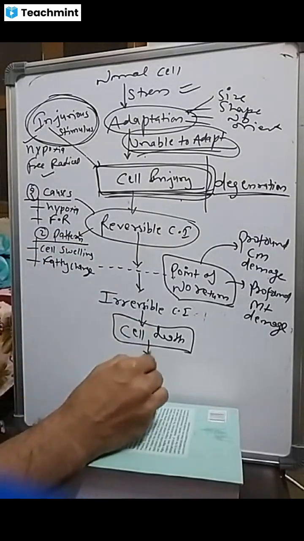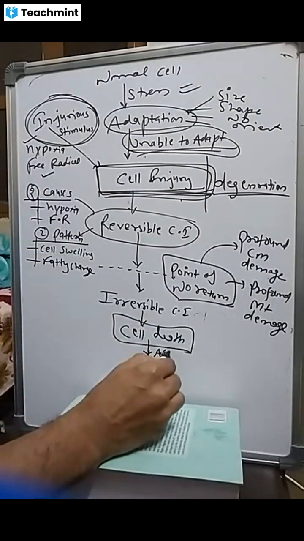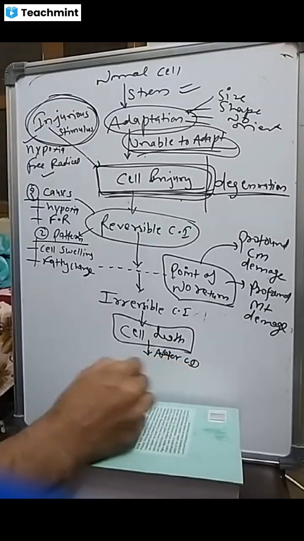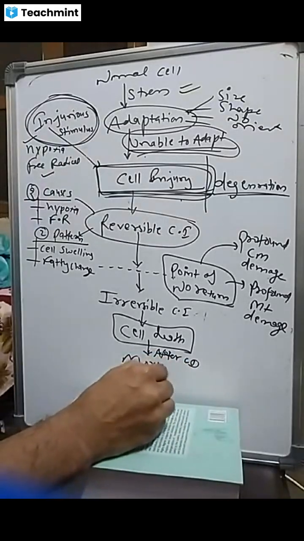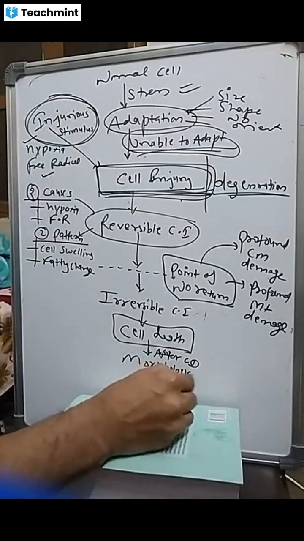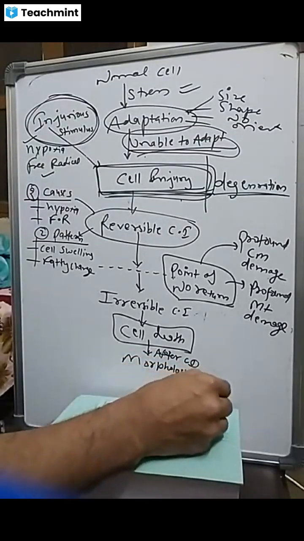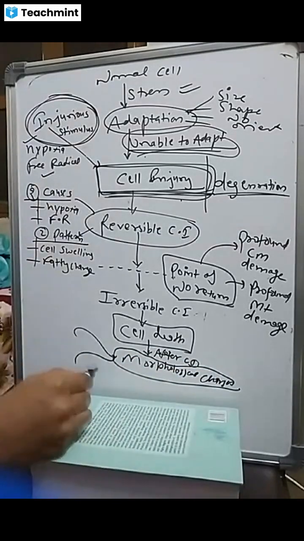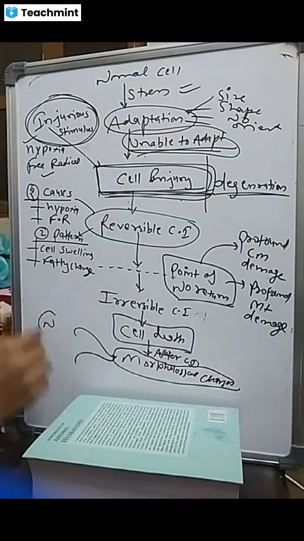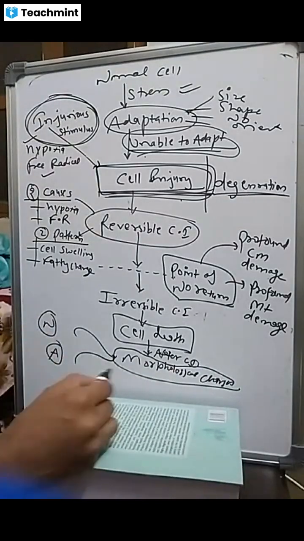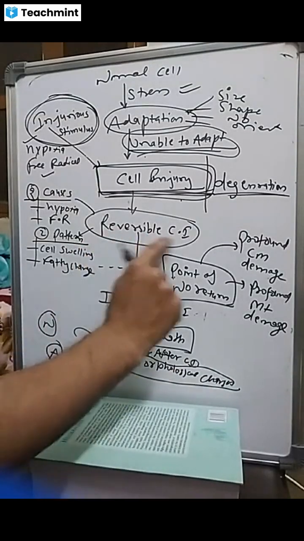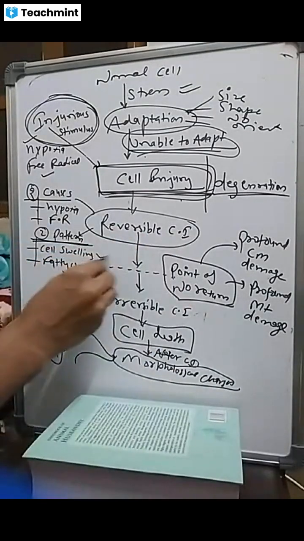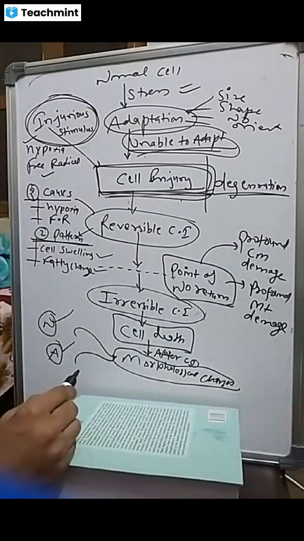After cell death, morphological changes will be there, and these are also two: one is necrosis, one is apoptosis. So in reversible cell injury, there are two patterns, cell swelling and fatty change. In irreversible cell injury, there are two patterns, necrosis and apoptosis.